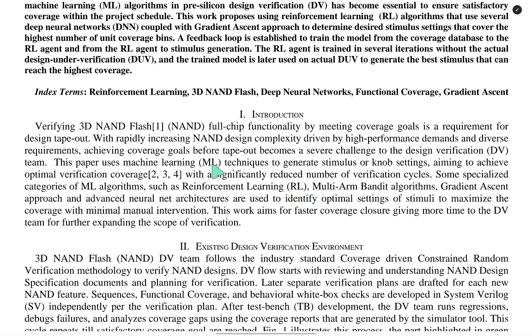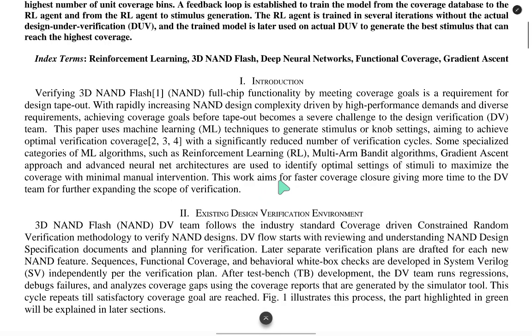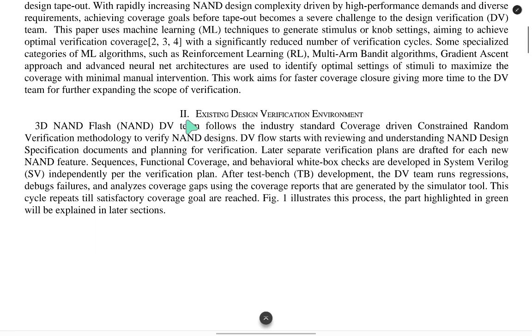Some specialized categories of ML algorithms, such as reinforcement learning (RL), multi-armed bandit algorithms, the gradient-ascent approach, and advanced neural net architectures, are used to identify the optimal setting of the stimuli to maximize the coverage with minimal manual intervention. This work aims for a faster coverage closure, giving more time to the DV team and further expanding the scope of verification. Chapter 2. Existing design verification environment.